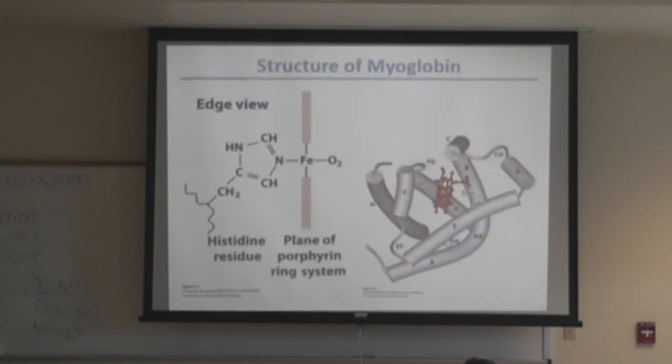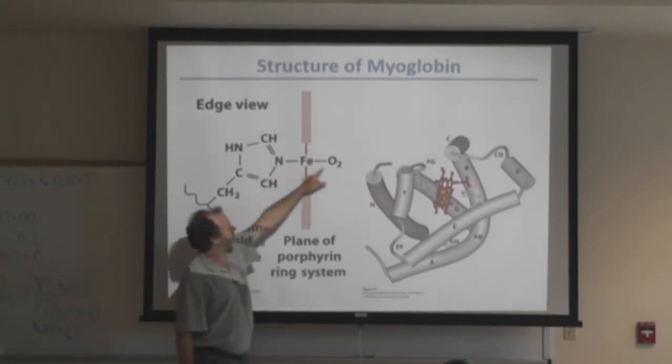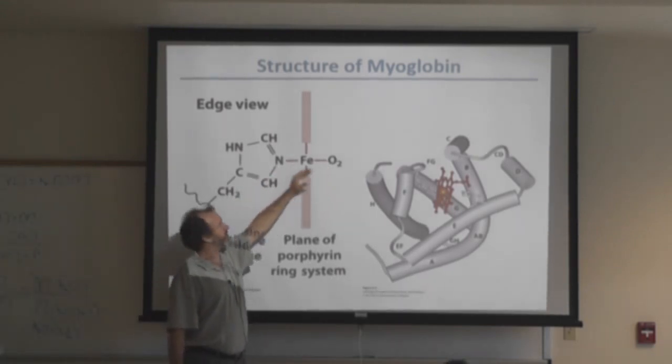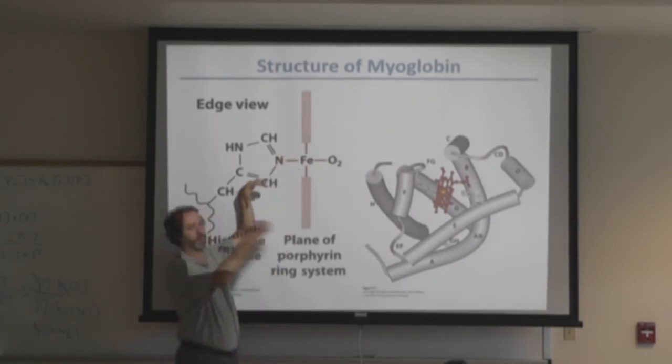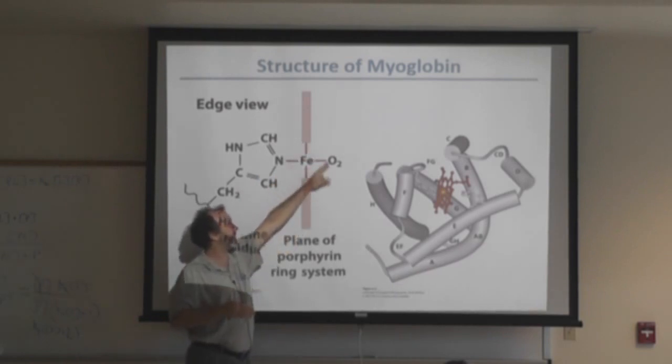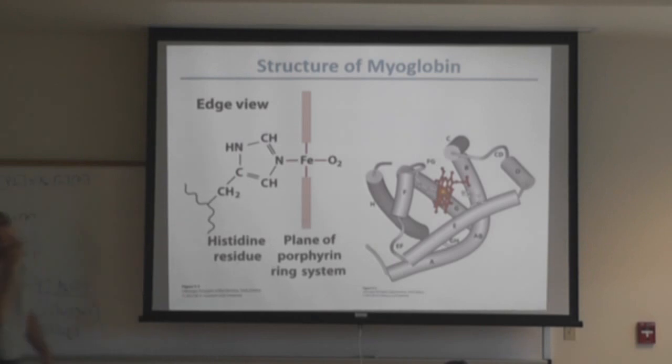This shows you a picture of that: histidine bound to the iron, bound to an oxygen. And actually, when the oxygen isn't there, this histidine pulls the heme group out of planarity. So it's typically not planar when the oxygen's not bound, but when it's bound, it's planar. At least it is for hemoglobin. I'm not 100% sure for myoglobin.